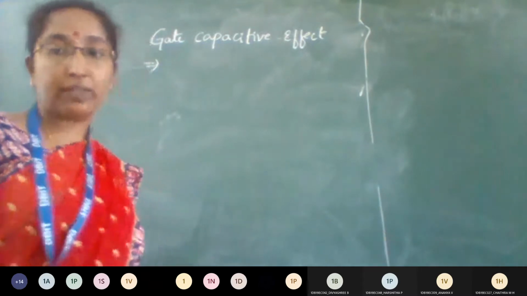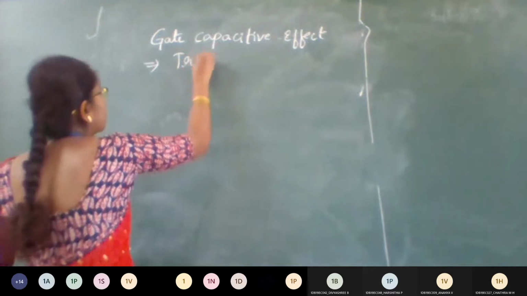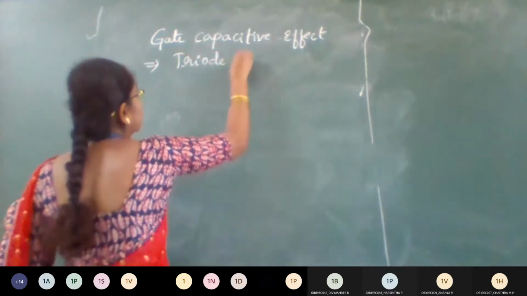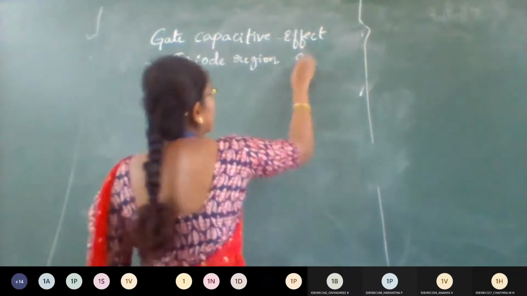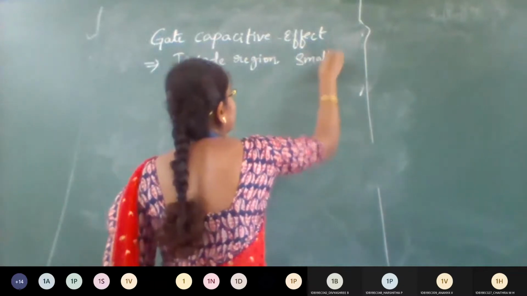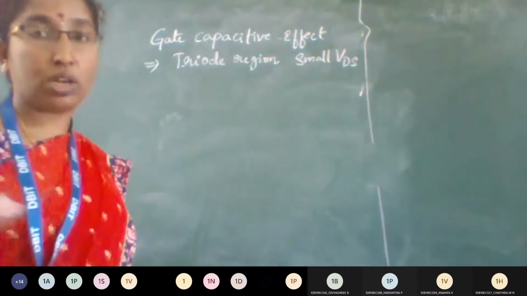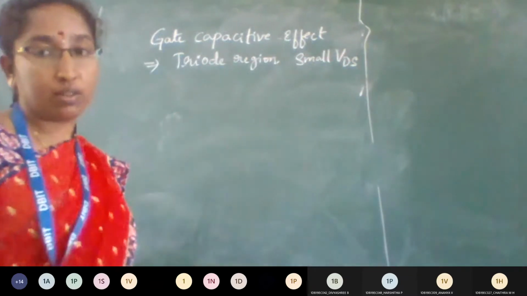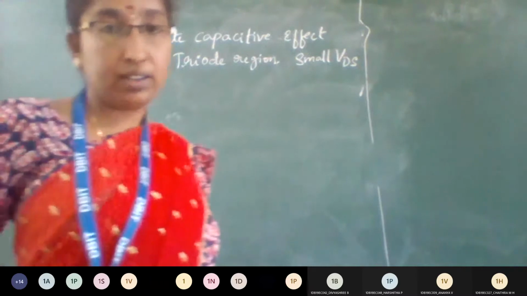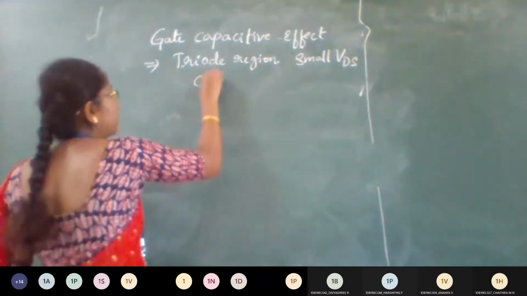So first let me take the triode region. Consider it with small VDS. We give the gate source voltage, and we give a little VDS. So in the triode region, what is the status of the channel? Channel will be uniform.